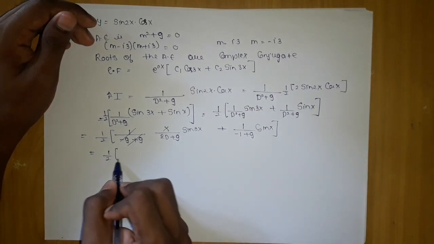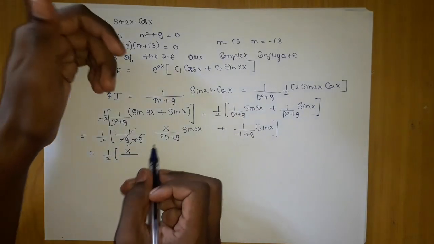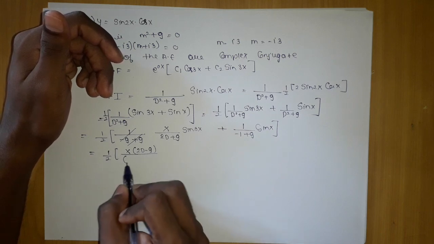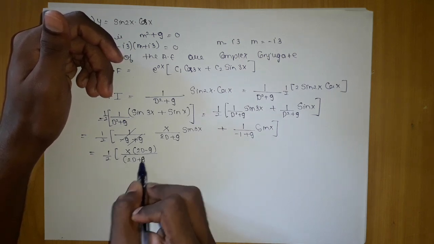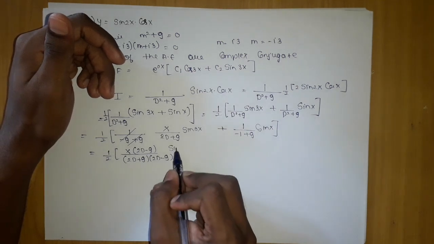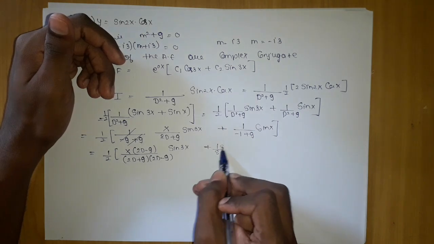So 1 by 2 x into 1 by 2D sin 3x, plus 1 by 8 sin x.